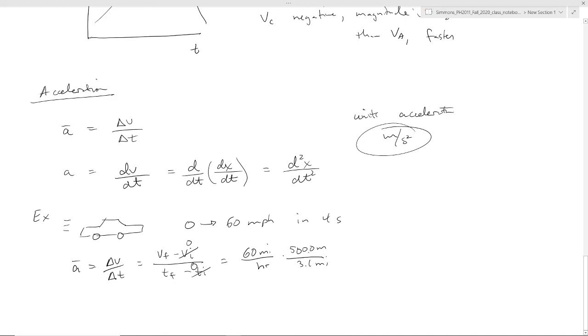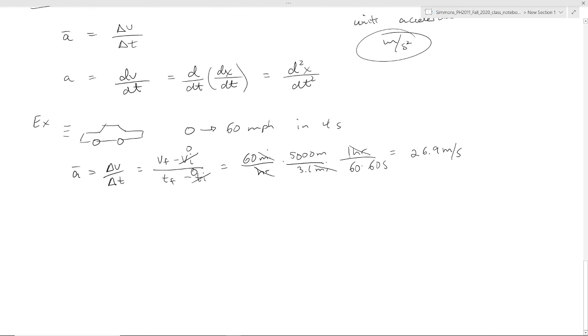So we're just multiplying this thing by 1, but it's changing the units. Okay. And we also know that in 1 hour, there are 60 times 60 seconds. So we can cancel our hours. When we crunch these numbers, we would find that this is 26.9 meters per second. This is sort of an aside, converting from miles per hour to meters per second.